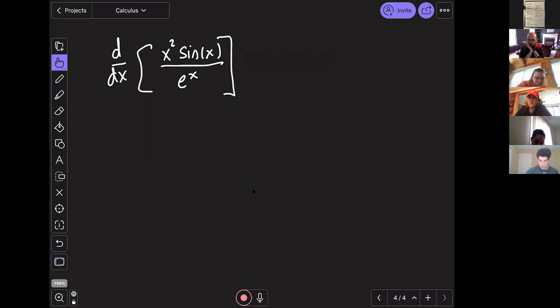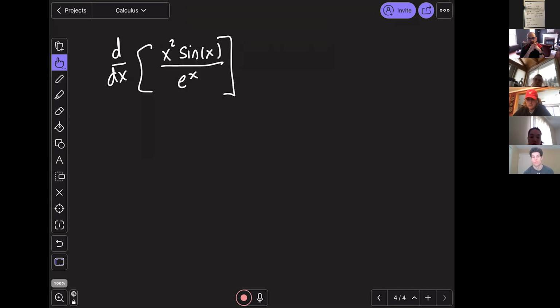We're going to use both, right? A lot of people say both. So which one's first? Do you use product rule first, or use quotient rule first?